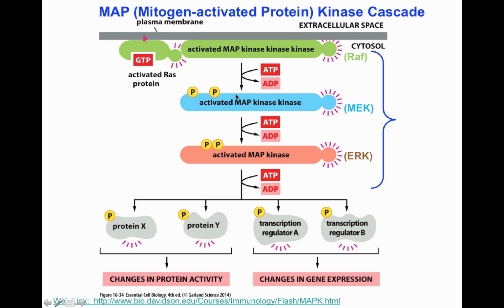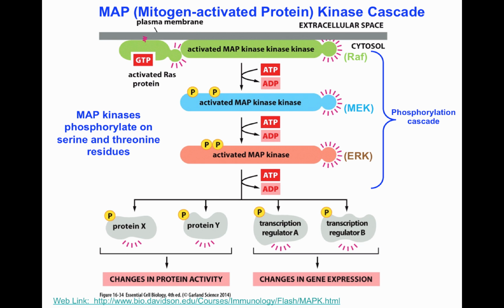An example of the MAP kinase kinase is MEK. And an example of the MAP kinase is ERK. There are multiple different MAP kinases. All these molecules initiate a phosphorylation cascade, and that phosphorylation cascade is going to lead to the phosphorylation of different target molecules, which get activated and then have different phenotypes.